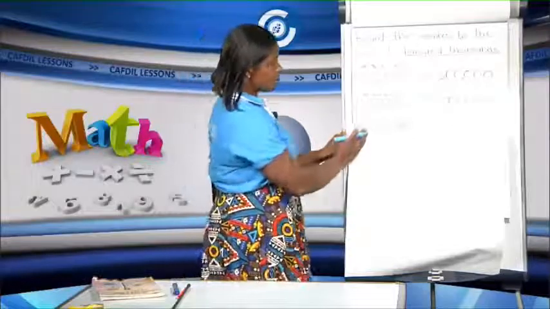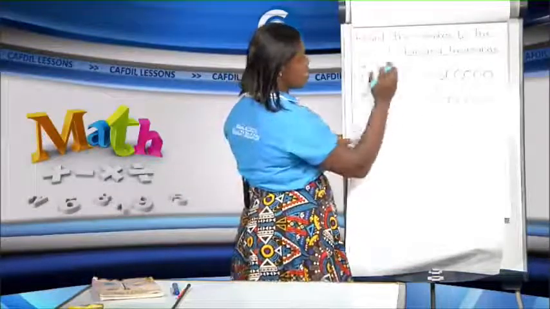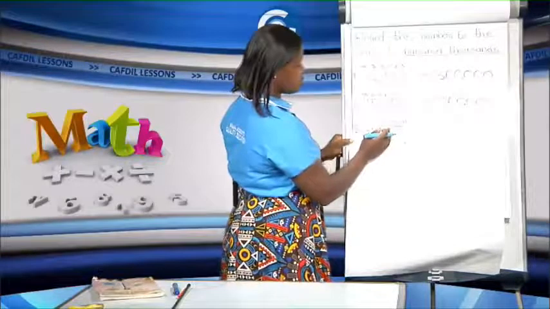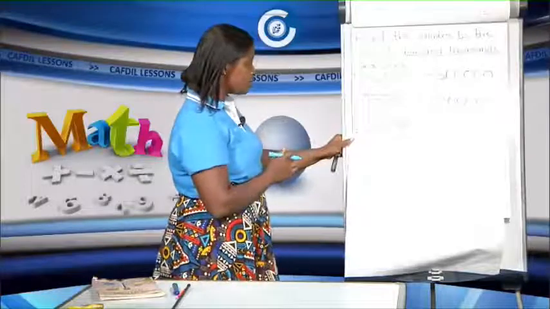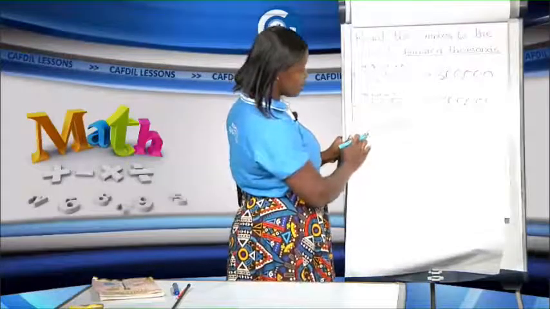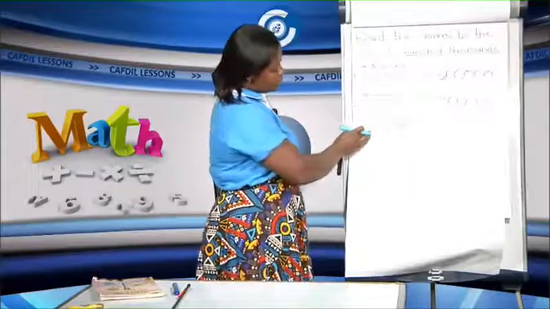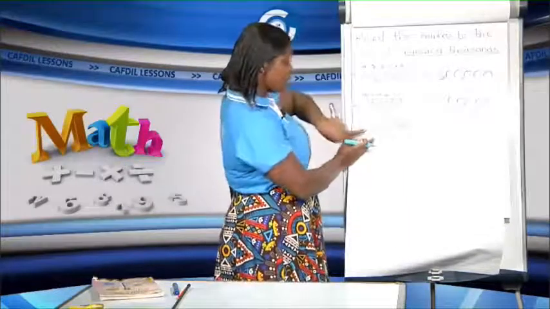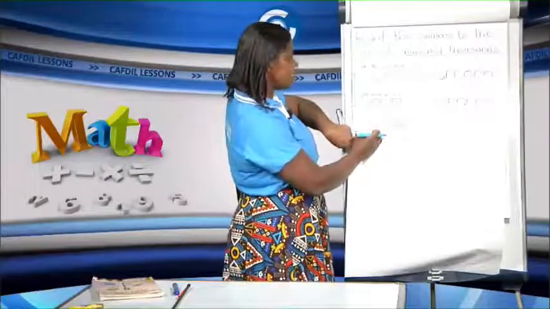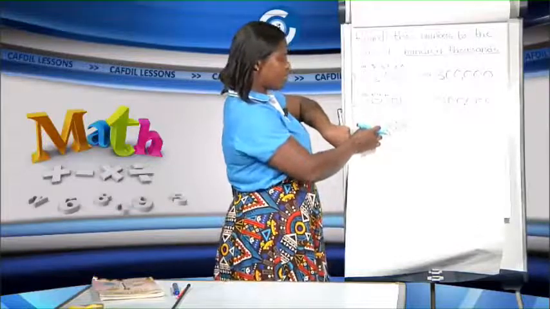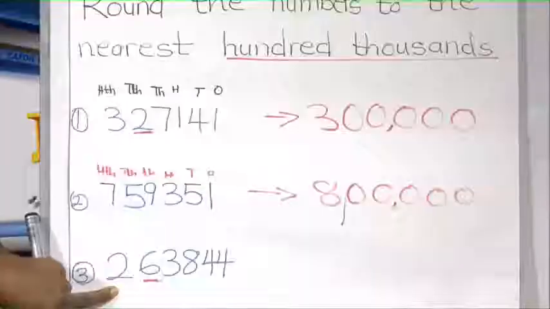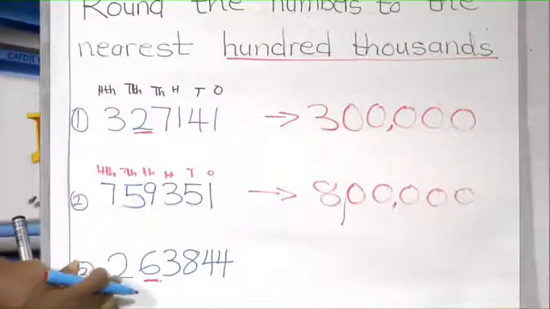Learners, we have this. We are rounding to the nearest 100,000. 1, 2, 3, 4, 5, 6. It means this is in the 100,000s place. So this is our target number. We are going right next door, which is the 10,000s place. It's 6. It means we have to add 1 to the 2.